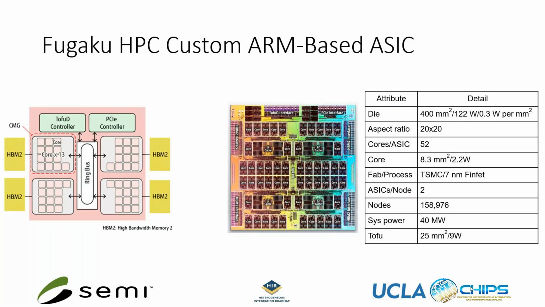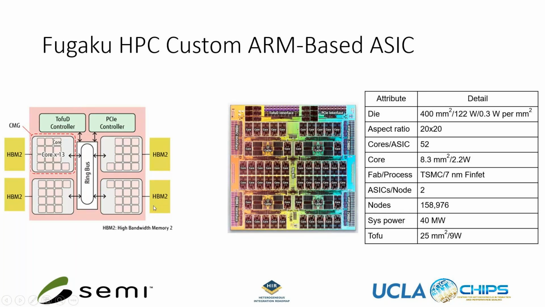Fugaku is a recent high performance computer. I think it's either still number 2 or number 3 in the world. Fujitsu has been remarkably generous in sharing public details. The heart of each node is a high performance ASIC, which for our purposes is a reasonable abstraction.